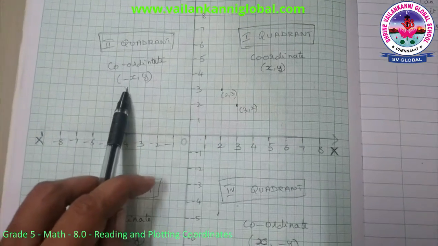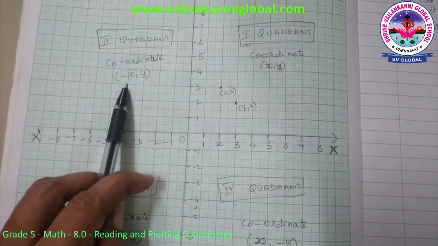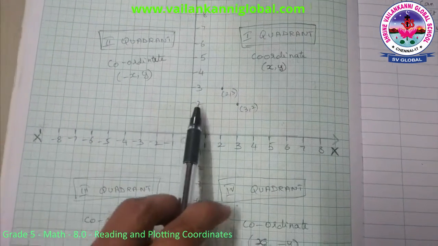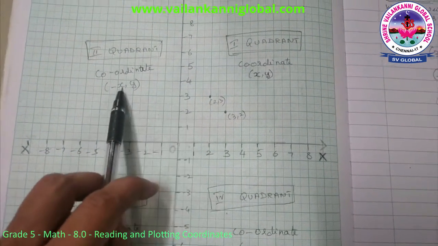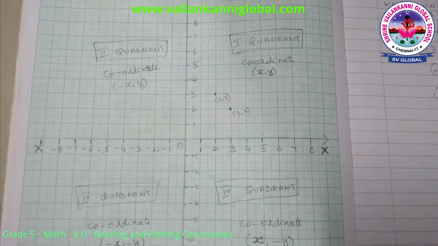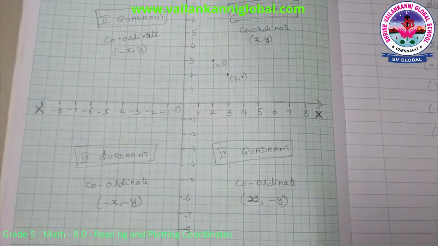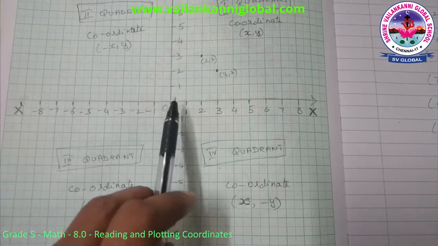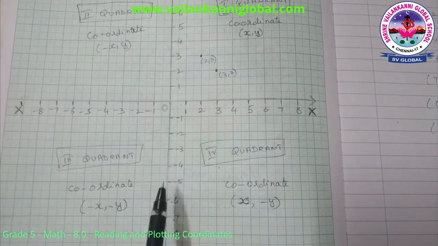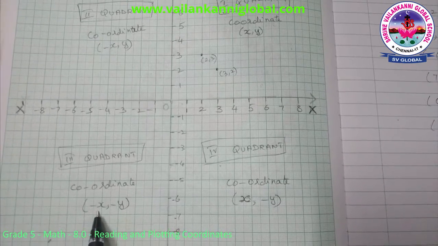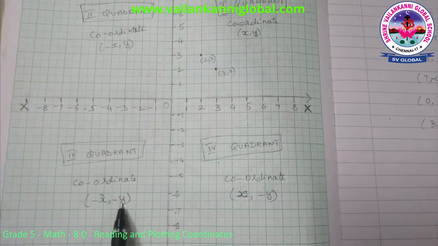In the second quadrant, the x is negative and the y is positive, so the coordinate will be minus x, y. In the third quadrant, the x is negative and the y is also negative, so we write it as negative x and negative y.